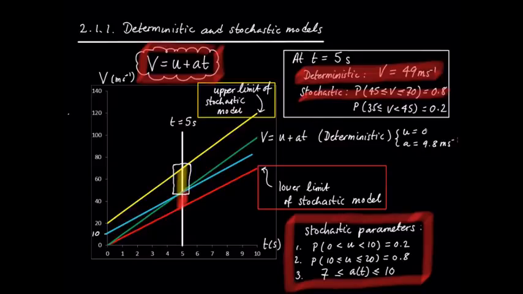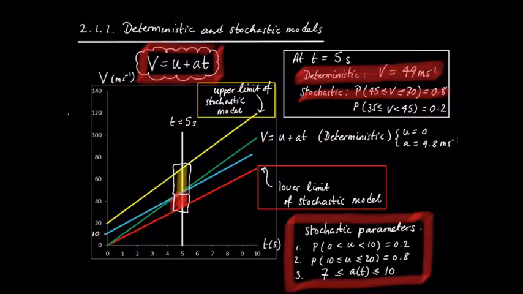Less likely is the case down here, although it's possible that the velocity could be between 45 and 35 meters per second at t equal to 5. It's less likely. There's only a 20% chance that it will be in that range.